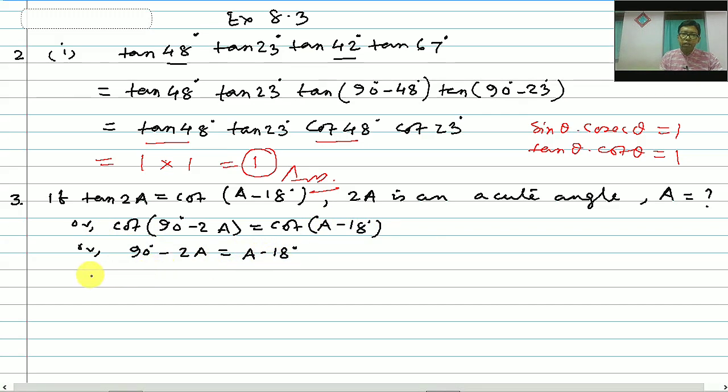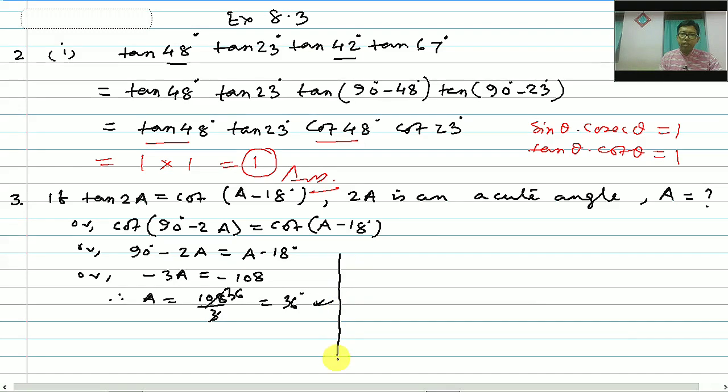So you can write minus 2A, and this is minus A, that is minus 3A is equal to minus 90 degree minus 18 degree, that is minus of 8 and 10. Therefore A is equal to 108 upon 3. So you can cancel, 3 3s are 9 and 1 carried, so 18, 3 6s are 18, so A is equal to 36 degree. So the measure of angle A is equal to 36 degree.